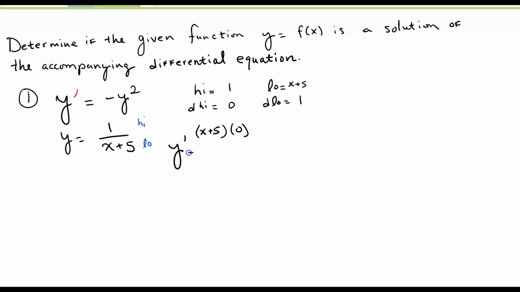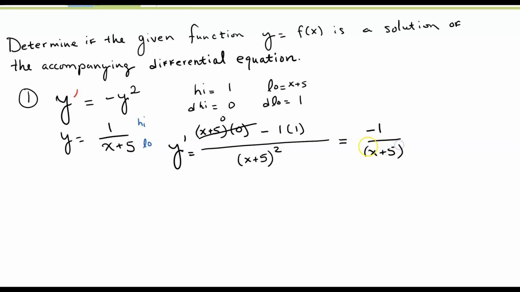All of that's going to go to 0, minus high d low, which is 1 times 1, over low squared, the denominator squared. So what does that work out to be? Negative 1 over x plus 5 quantity squared.